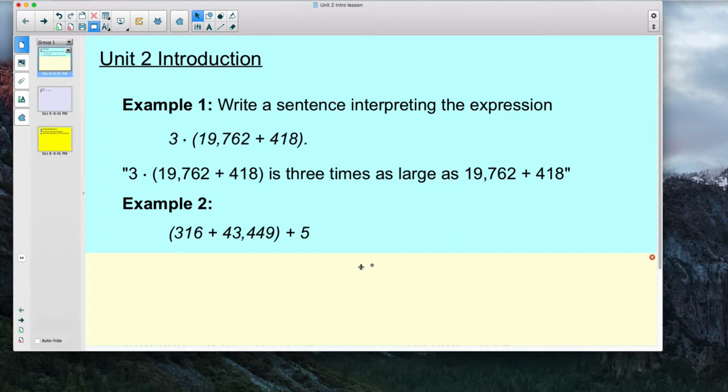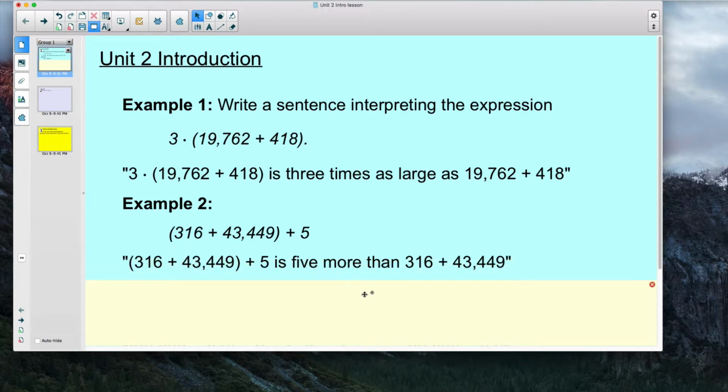So let's look at another one. 316 plus 43,449, that quantity, plus 5. So you have to think, how could I interpret that expression using words? A way to interpret that is to say that that expression there is 5 more than if you just had 316 plus 43,449.